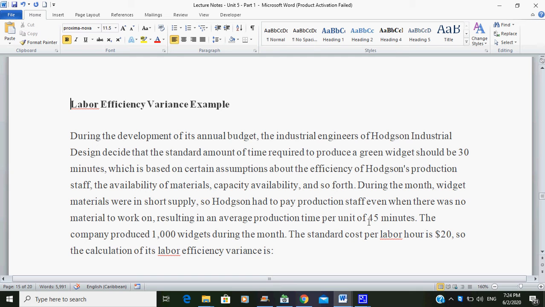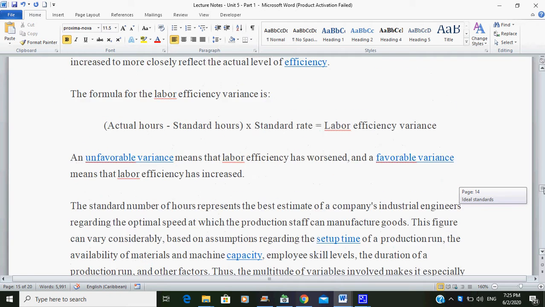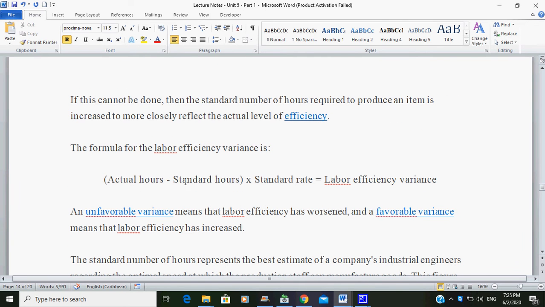Now what you would do is convert. It should have been 750 actual hours minus 500 standard hours. You may be wondering where this 750 came from.